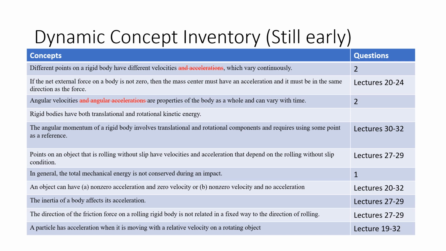And that was question 2. Angular velocities are a property of the body as a whole and can vary with time. Question 2. In general, total mechanical energy is not conserved during an impact. Question 1. And I've marked on here all of the corresponding lectures for all of the rest of the material.